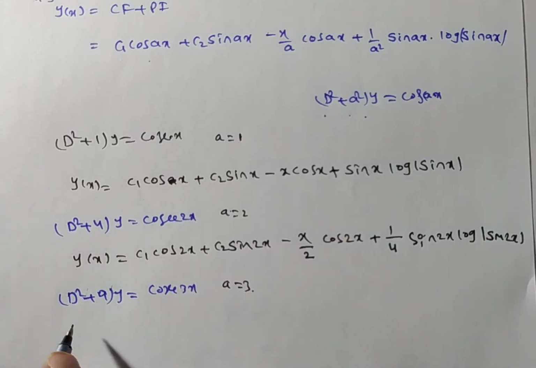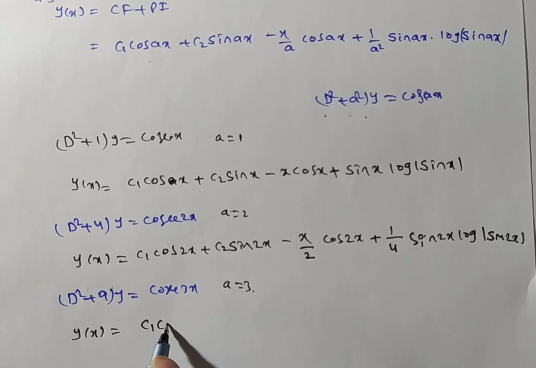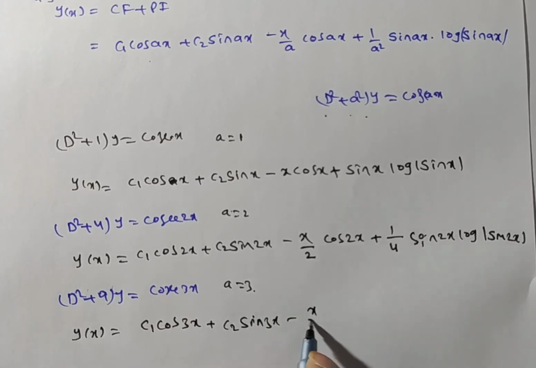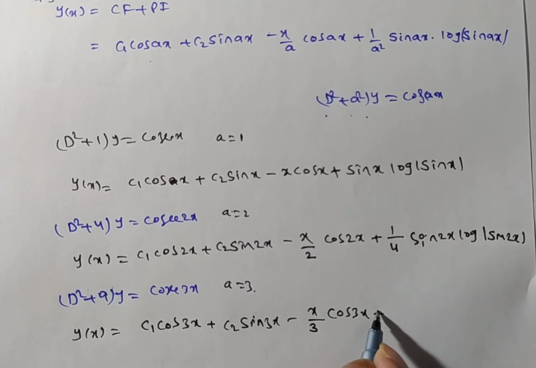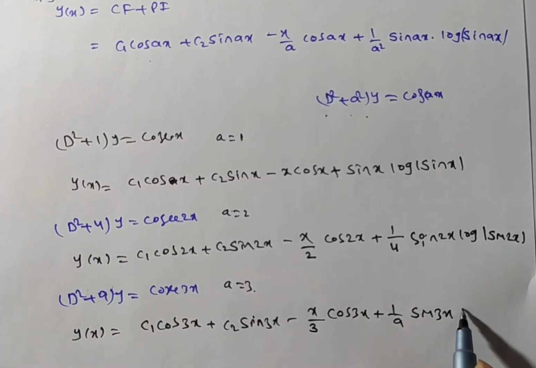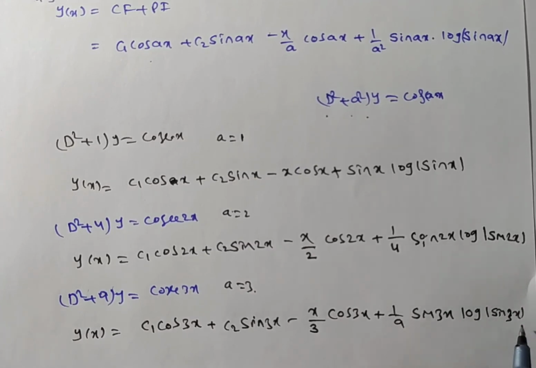So if you substitute, then the general solution is y of x is equal to c1 cos 3x plus c2 sin 3x minus x by 3 times cos 3x plus 1 by 9 times sin 3x into log of mod sin 3x. Is it clear for everyone?